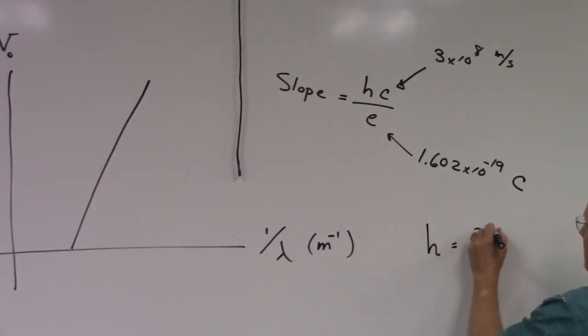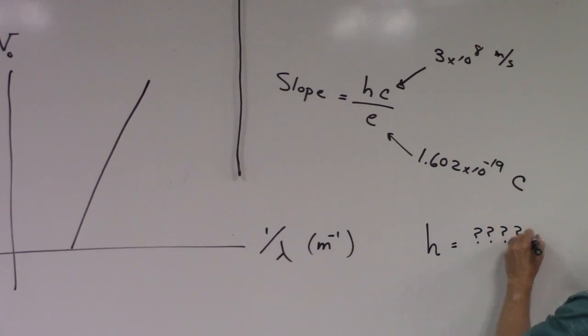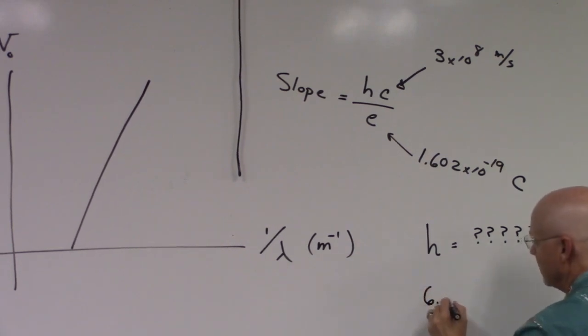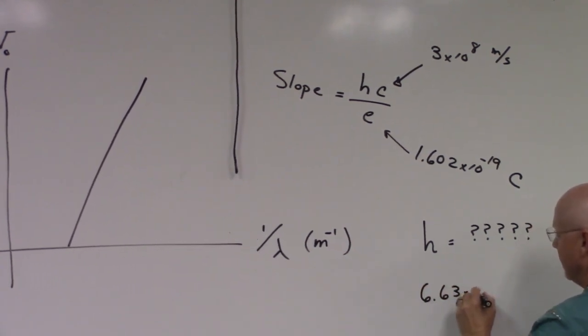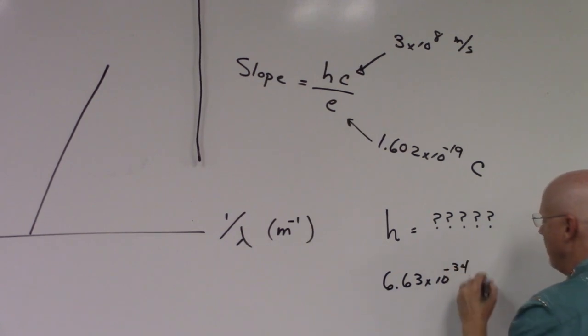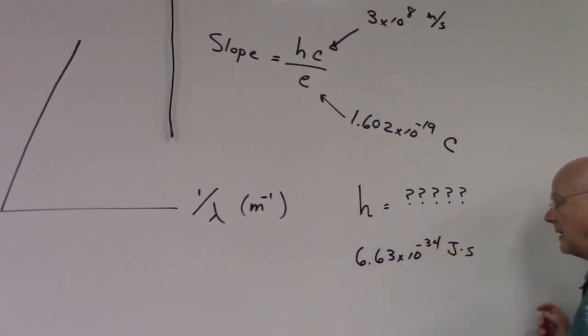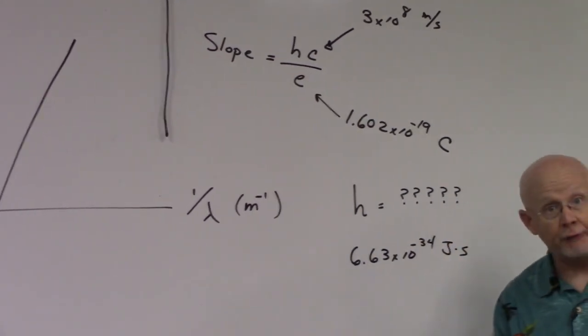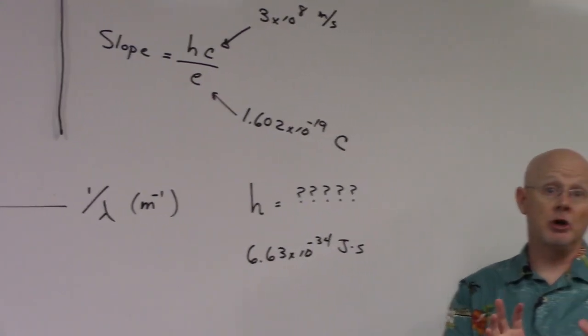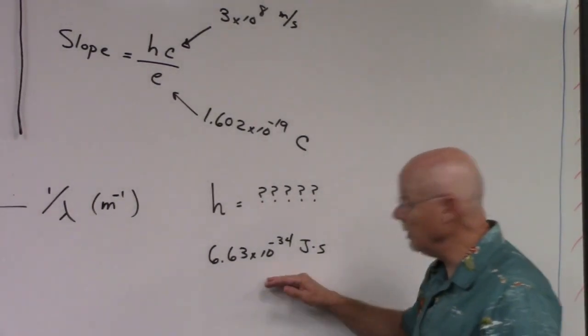What is the value of Planck's constant according to our data? Now, you know from the lecture it's 6.63 times 10 to the negative 34 joule times second, and hopefully you'll get something close to that. Now let me emphasize, this is a really small number.